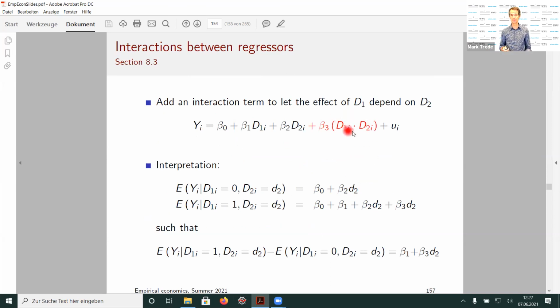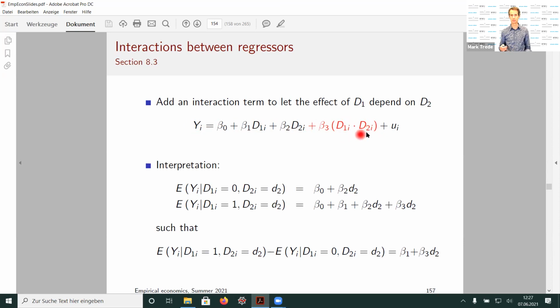We simply add another regressor on the right-hand side, which is the product of the two dummy variables. Okay, so the black part here is the one we've seen before, and the red part is the new interaction term.